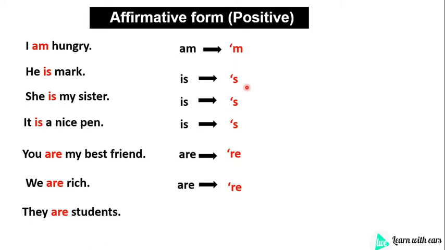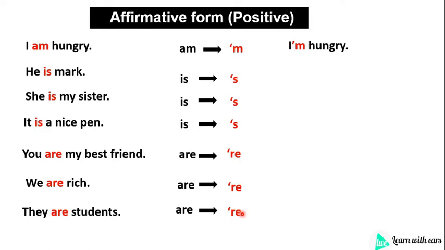Apostrophe re. So am becomes apostrophe m. Is becomes apostrophe s. Are becomes apostrophe re, right? These are the present forms of the verb to be and these are contraction forms.